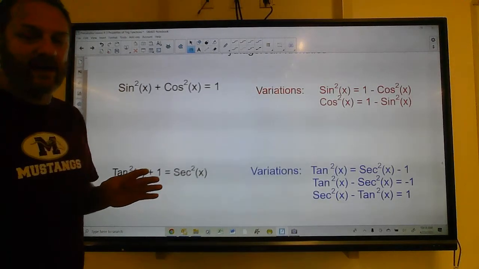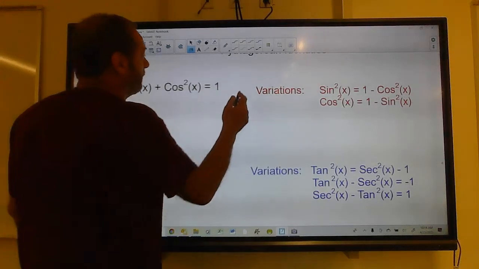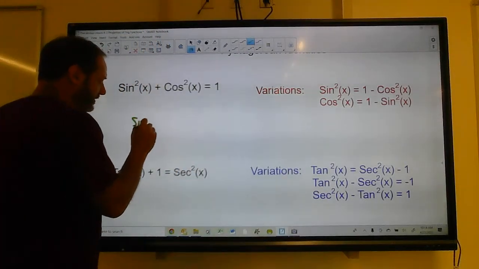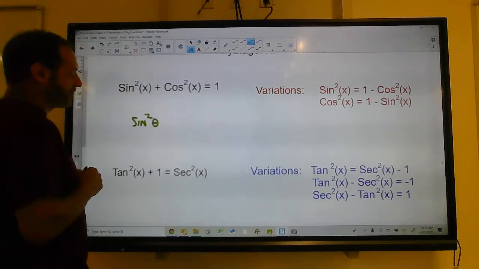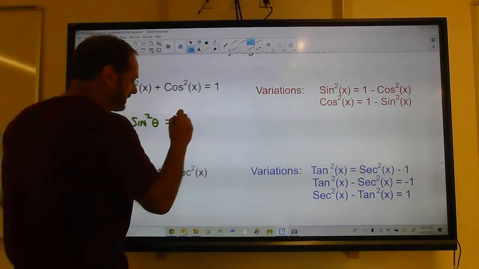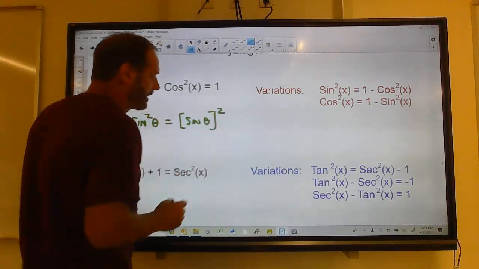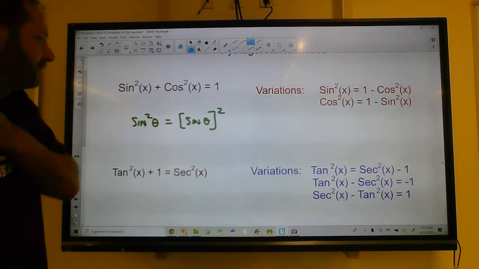But I kept having these ahas the second year I was taking calculus. And one of them, I don't know why I didn't see this before, is this. Sine squared theta, which is the same thing as sine squared x, really means sine theta, quantity squared. Make sure you know that.